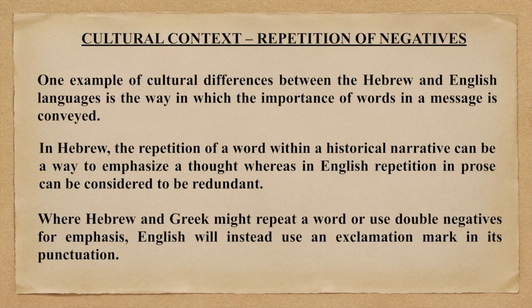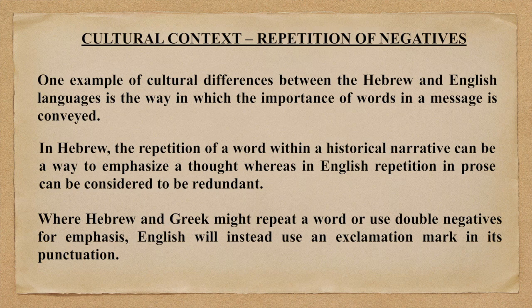Cultural context, the repetition of negatives. One example of a cultural difference between Hebrew and English is the way in which there is an importance of words in a message being conveyed. In Hebrew, the repetition of a word within a historical narrative can be a way to emphasize a thought, whereas in English, repetition in prose can be considered to be redundant.